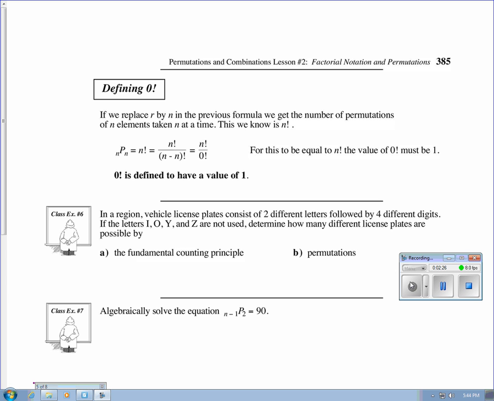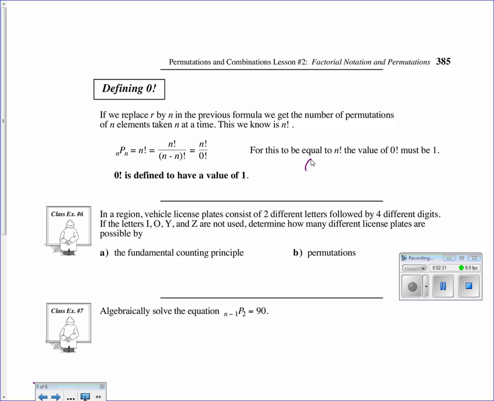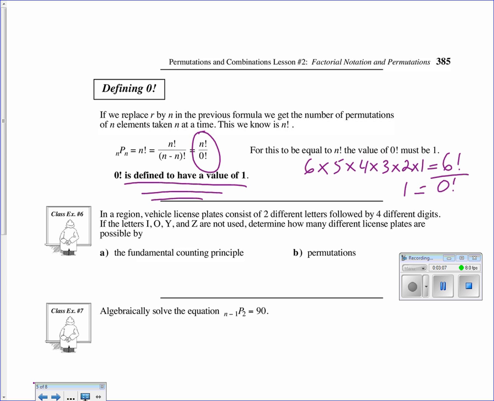And we know that if I have, for example, 6 choices and I'm going to use all of them, it's 6 times 5 times 4 times 3 times 2 times 1, which is equal to 6 factorial. I don't want that 0 factorial to complicate my thinking. The 0 factorial must be equal to 1 to equip ourselves with that same rule from earlier, where if I have n choices and I'm going to use all of them, it's simply n factorial. So by definition, 0 factorial is defined to have a value of 1.